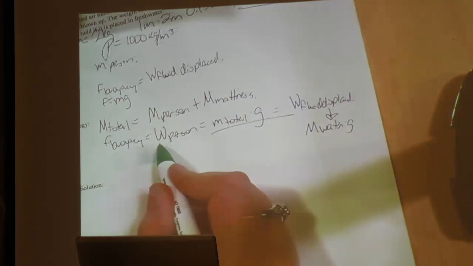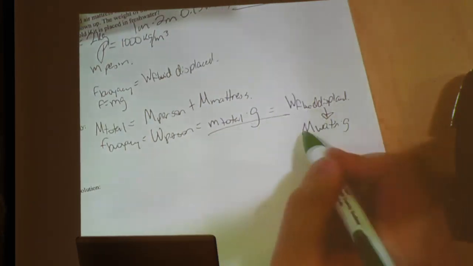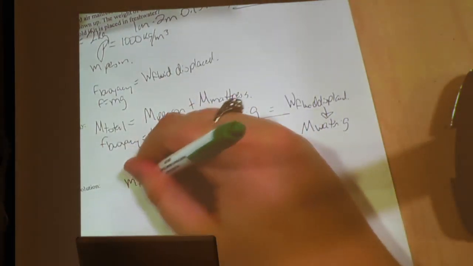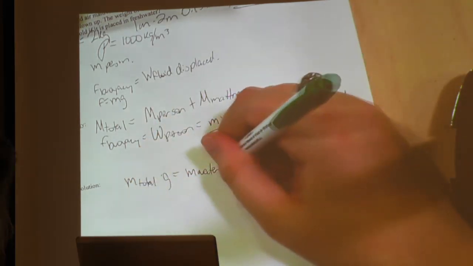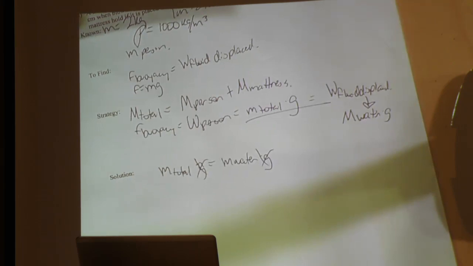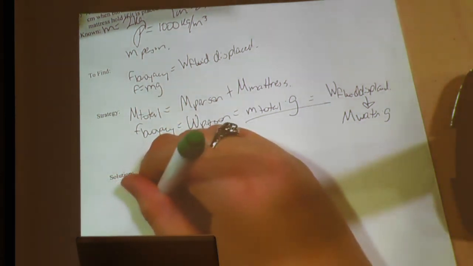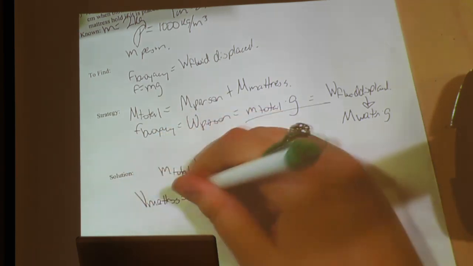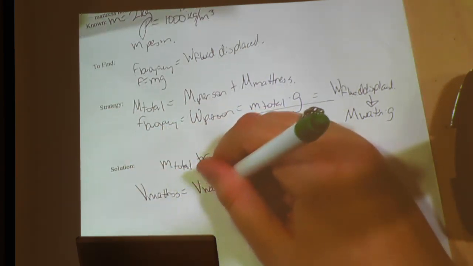So that means the mass total times gravity is going to be equal to the mass of water times gravity, and we can get rid of gravity on both sides. So we'll have the mass total is equal to the mass of the water, which means the volume of the mattress in water is going to be equal to the volume of the water that's displaced.